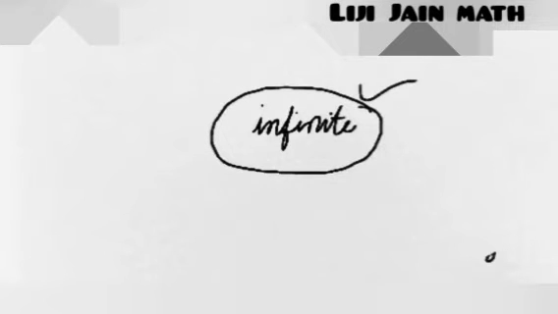For denoting the unlimited numbers, we use the term infinite in maths. That means we can say that a number has infinite number of multiples, unlimited, or in other words we can say infinite number of multiples. Clear? Okay, now let's start writing.